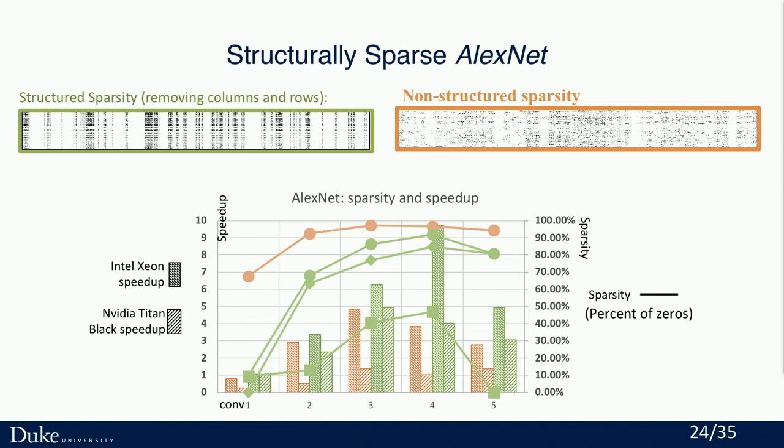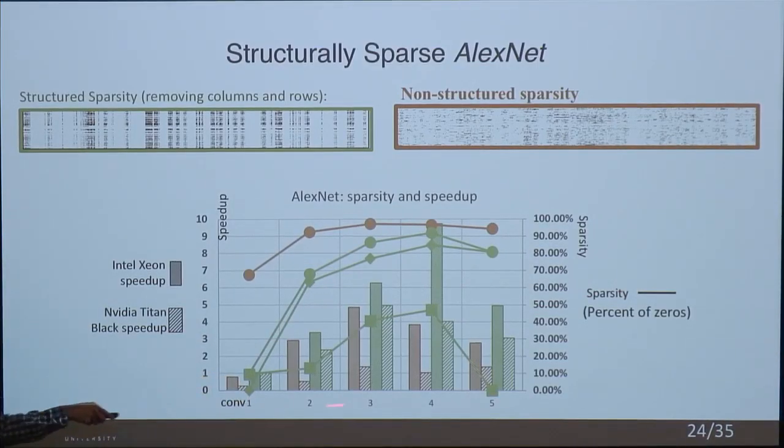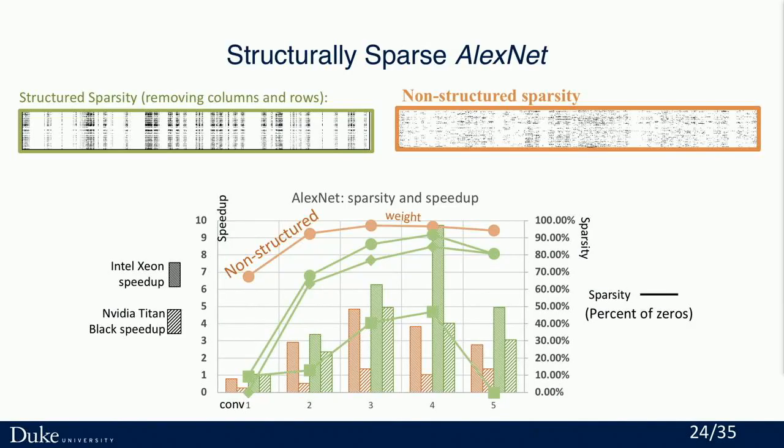The bars here are speedup on CPU and GPU, and the lines here are sparsity across 5 layers. The orange color corresponds to non-structured sparsity, and the green one corresponds to our approach.